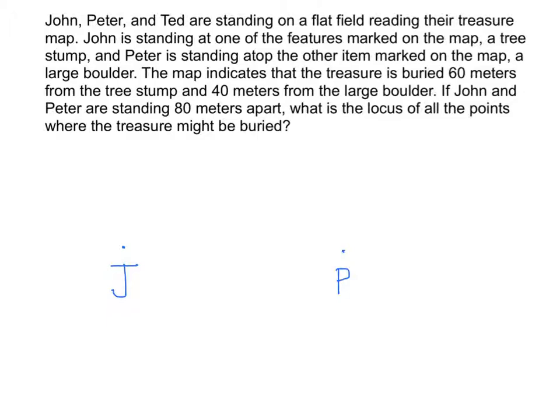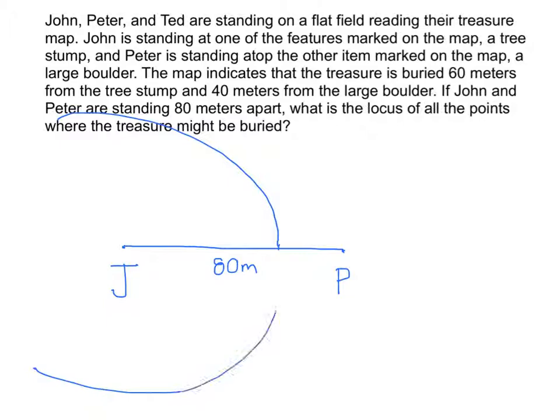So to solve this, we know that John and Peter are going to be 80 meters apart. We know that the treasure is buried 60 meters from the tree stump, so 60 meters from John. So what we can do is draw a circle that represents all of the places that are 60 meters from John.